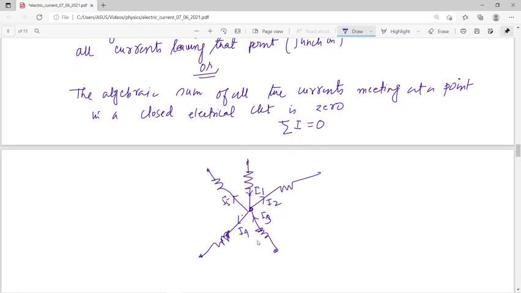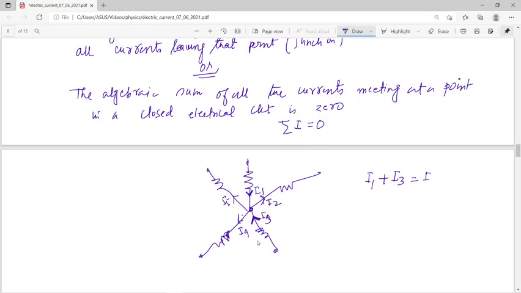So what we can say from that particular figure is that I1 plus I3, because the total current that is entering, that means I1 and I3 are entering, and then there are three currents that are leaving.